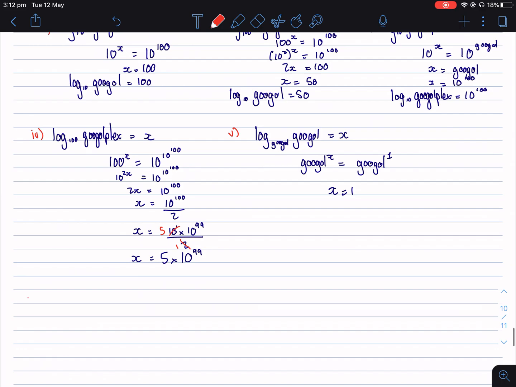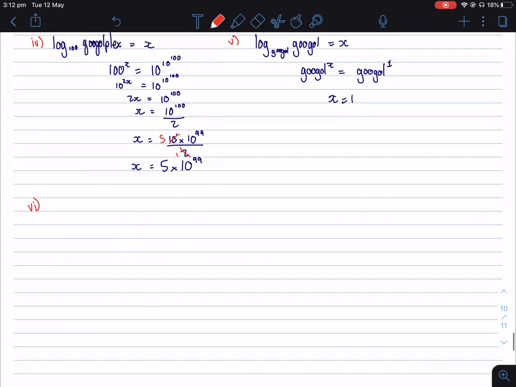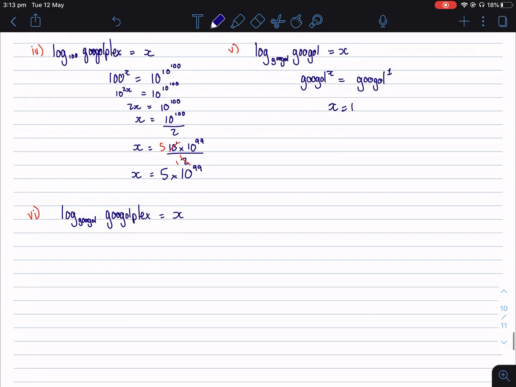Okay, and question 6. They're saying log base googol of a googolplex. So we're going to call it x. So we've got a googol to something equals a googolplex. So this is 10 to the 100, to the x, equals 10 to the 10 to the 100, yeah?